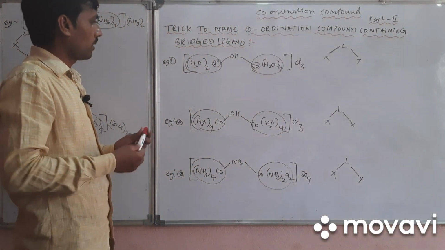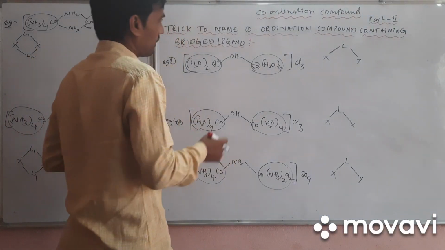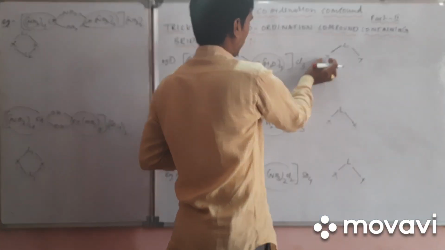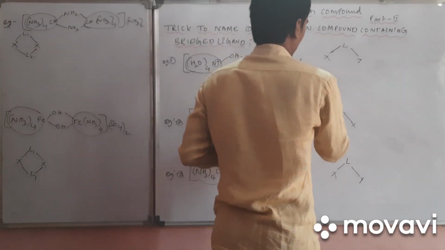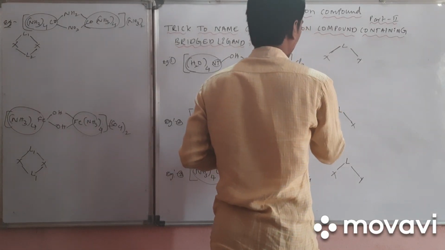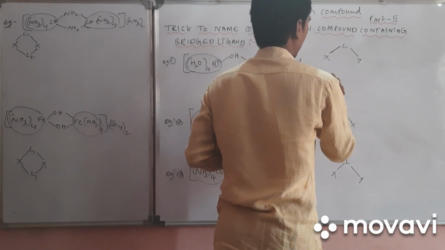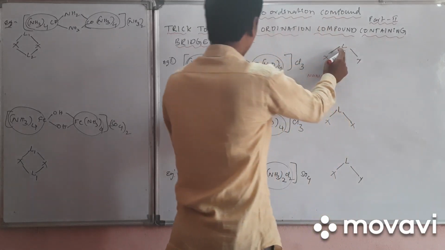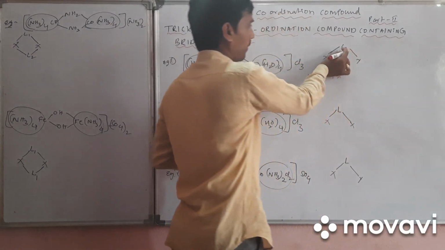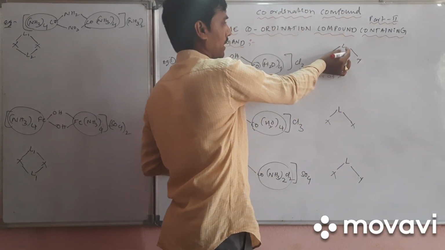Let us see how to find out the nomenclature of this complex compound. In this case, first we use the name of X, that is the name of the metal atom, followed by the ligand name. Before the bridge ligand name, we use mu.